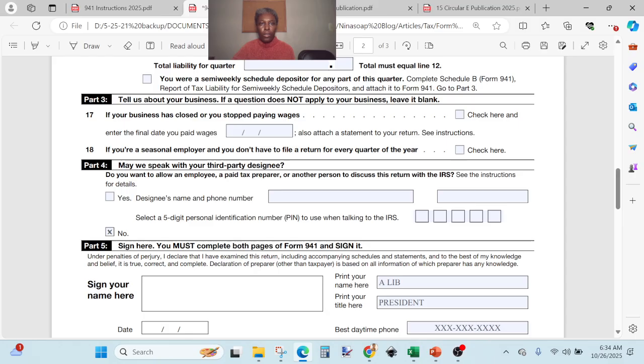So part 3, if your business is closed or you stopped paying wages, you will check that box, and then you will enter when your business closed or when you paid wages the last time.